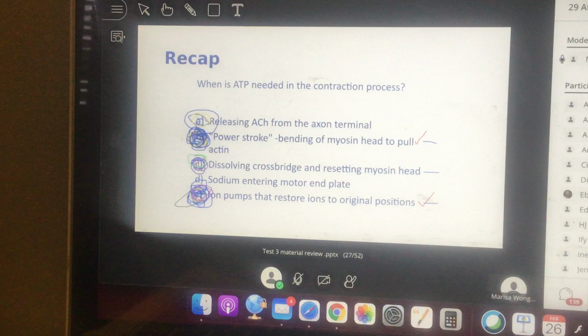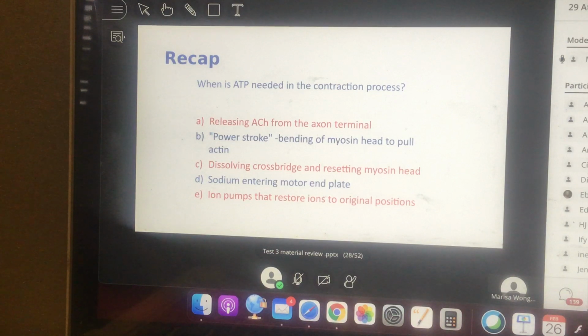Okay. I see lots of people circling B. It's not B. That is not something that actually requires ATP. That's why I put this one in here.